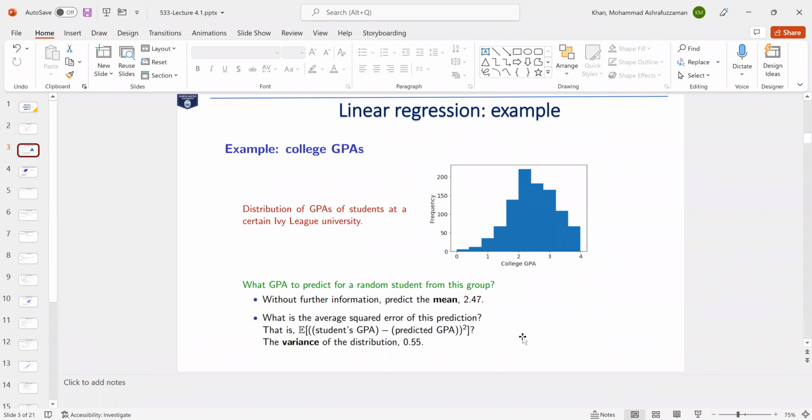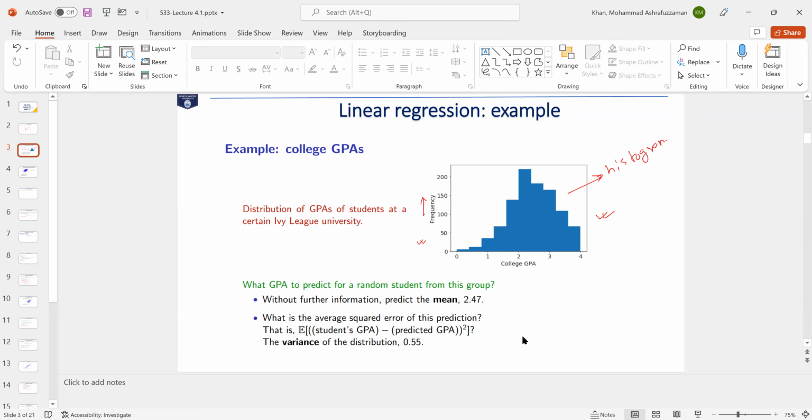For example, this is a data set of students' GPA, and this is the frequency. It is basically a histogram.